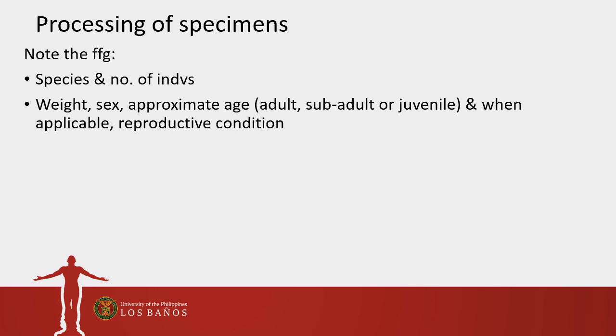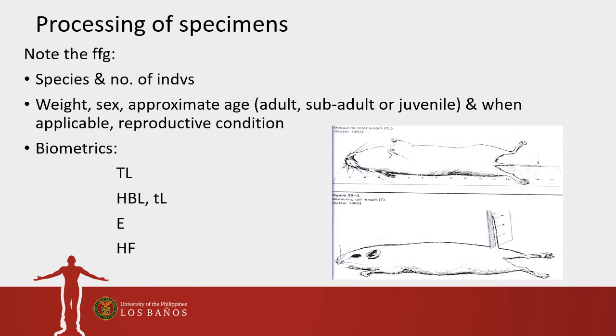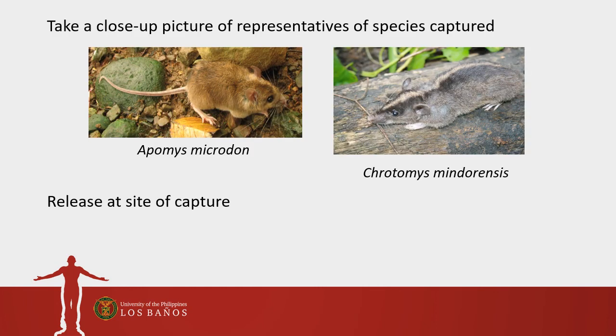Note the weight, sex, and approximate age, whether they are adult, subadult, or juvenile, and when applicable, the reproductive condition. Take the biometrics, and again, only when it is needed for identification or when your study needs this biometrics. Just as with the bats, take a close-up photo of representatives of the species captured, and release them at the site of capture.